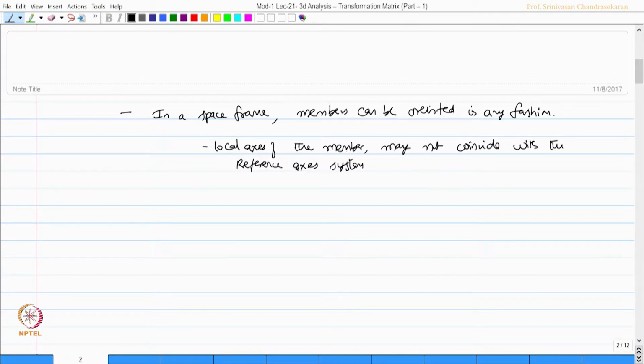In such a situation, whatever stiffness matrix we derived in the last lecture is considered to be local and needs to be transformed, which is with respect to the reference axis system.